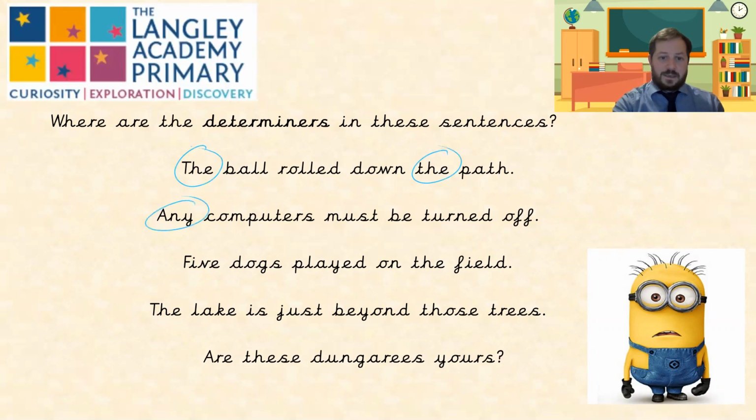Then we've got, any computers must be turned off. This is one of those general determiners; any of them, it doesn't matter, but they must be turned off. Then we've got a quantifier: five dogs played on the field. The lake is beyond those trees. And are these dungarees yours?